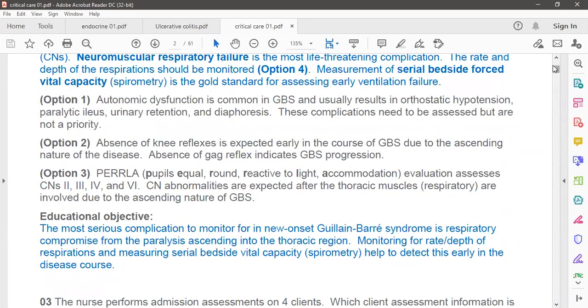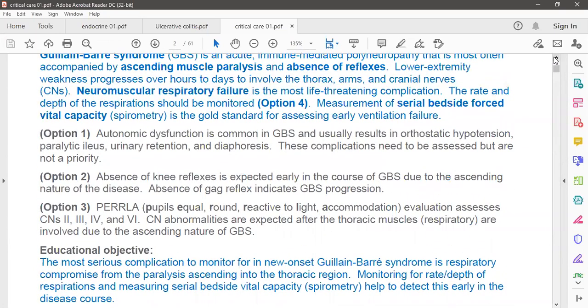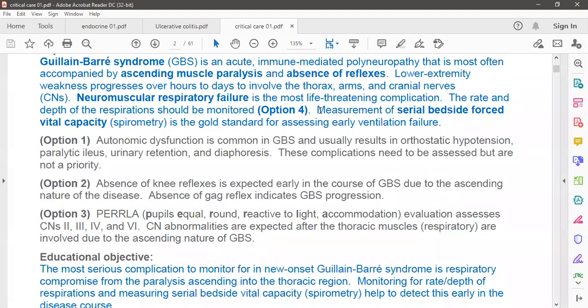Let me read their explanation. Guillain-Barre is an acute immune-mediated polyneuropathy that is most often accompanied by ascending muscle paralysis and absence of reflexes.